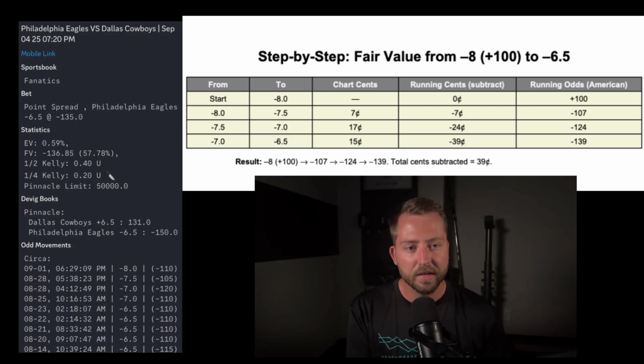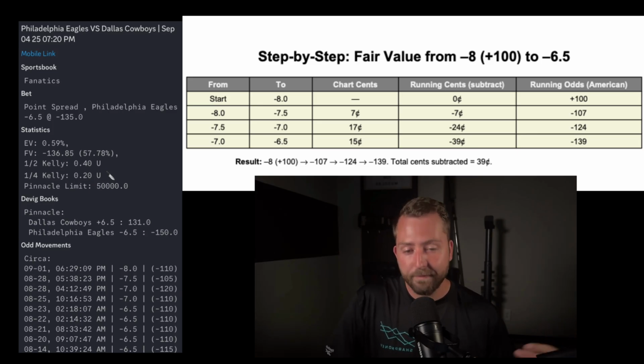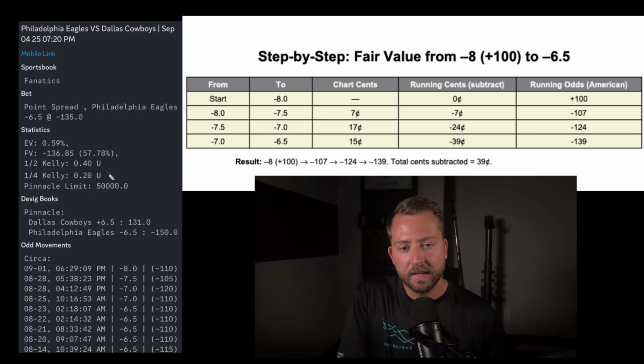So our starting point is -8 +100. That is our fair value price to start. Now we can work with our fair value half points with the chart that I use. Right here, we first need to look at moving from -8 to -7.5. What is that worth? If we look at our chart, it is worth 7 cents.